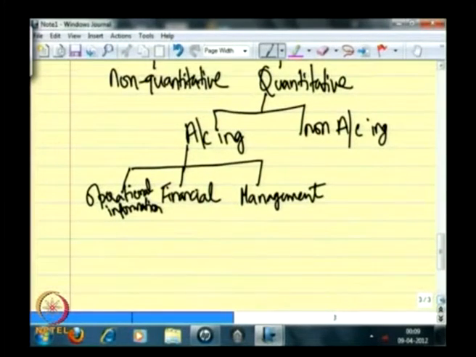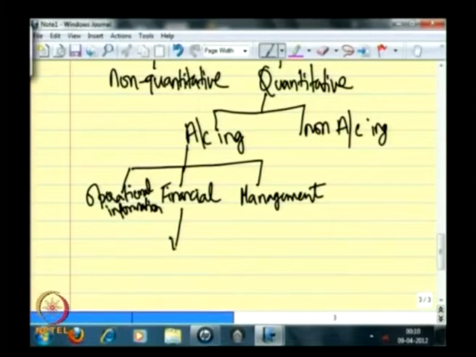Now, operational information is accounting to a certain extent and quantitative as well. Number of units of a product that a business organization sells, it is definitely accounting information and quantitative. Payroll, so this is again quantitative as well as relevant from an accounting perspective.